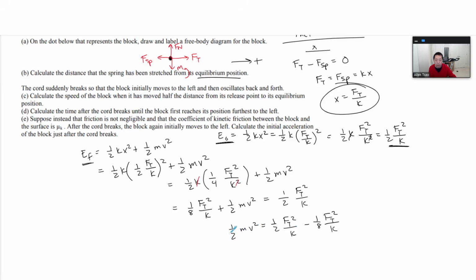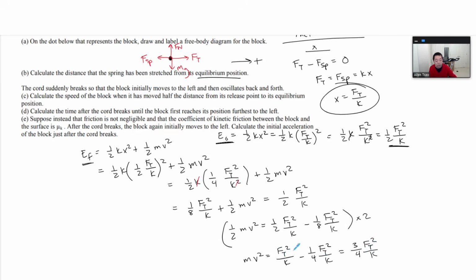And then I'm going to multiply through by 2. That might make it easier. So I get mv squared is Ft squared over k, because 2 times the 1/2 would cancel, and 2 times 1/8 would be 1/4. 1 minus 1/4 is 3/4. So this is 3/4 Ft squared over k.